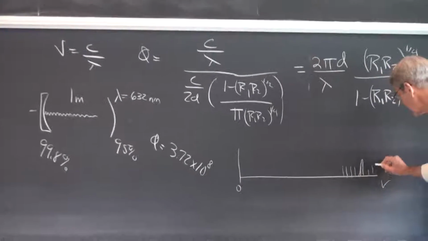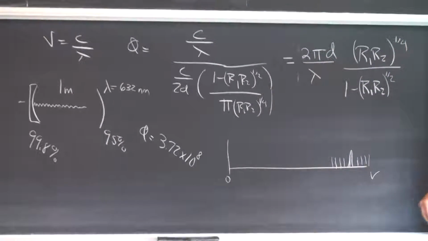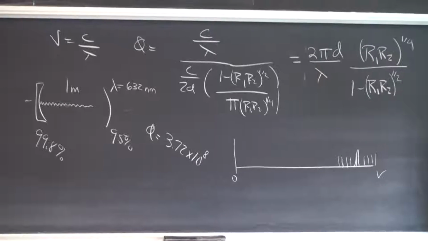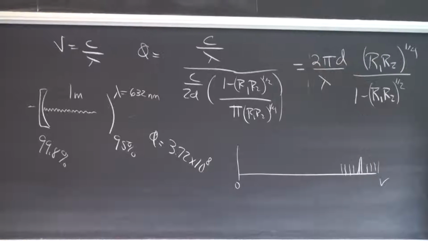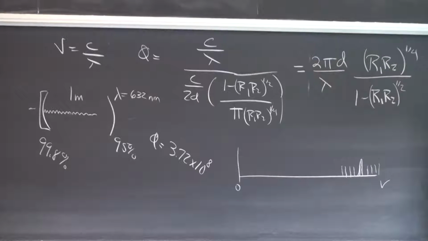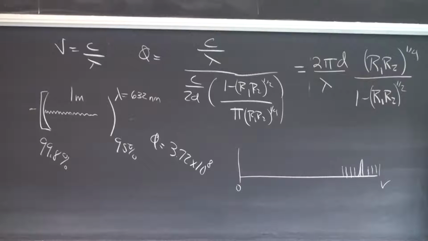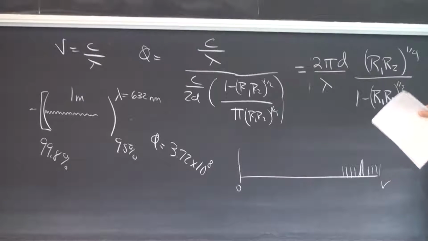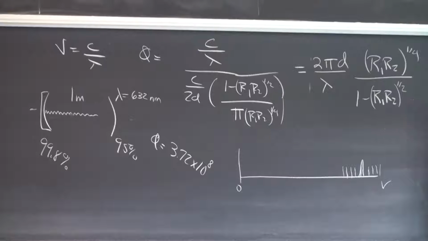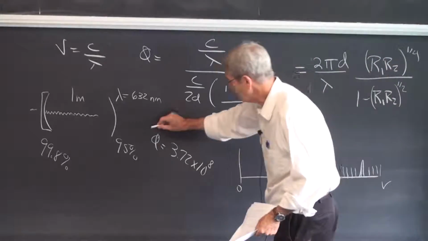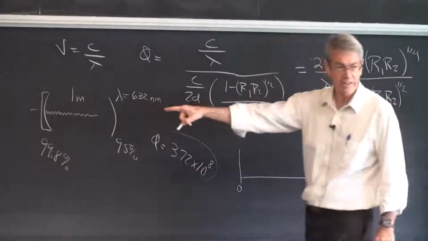I have lots of resonances. So to say it's going to knock out all but 1 part in 10 to the 8th is not quite fair, because it's going to let some other modes through in adjacent places. In fact, every FSR, there's an allowed mode. So the Q is an interesting number, but it's not fair to directly compare it to an RLC circuit.